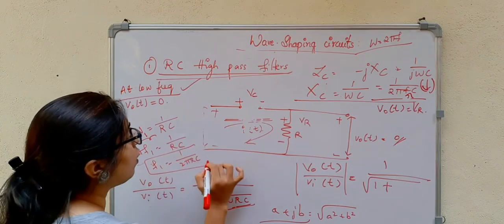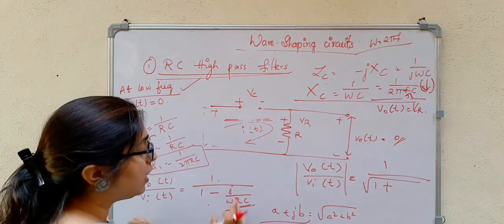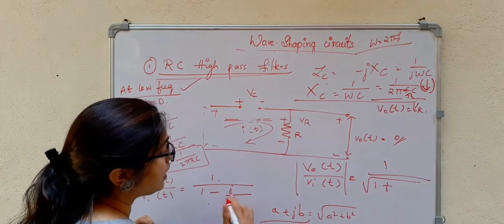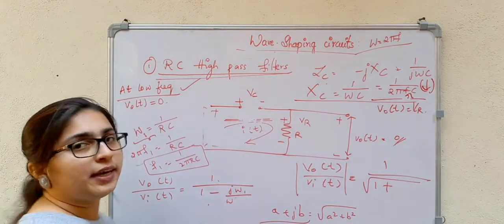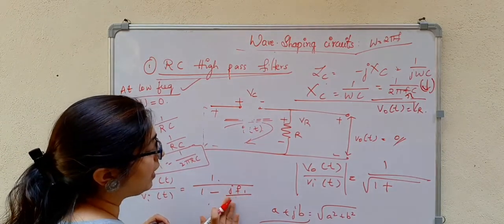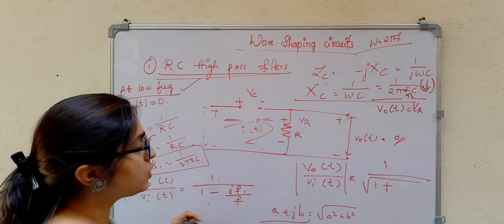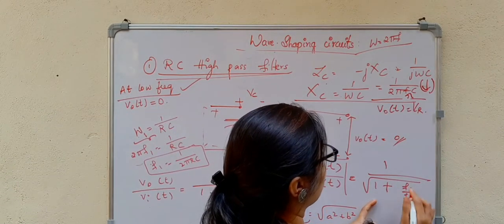This is the cutoff frequency of this RC high pass filter. So now this can also be written as J omega 1 divided by omega. We can also write it in terms of F, so it can be F1 divided by F. So we can write the magnitude as square root of 1 plus F1 by F whole square.